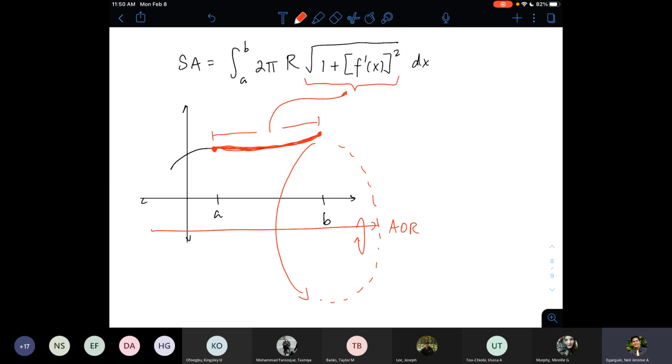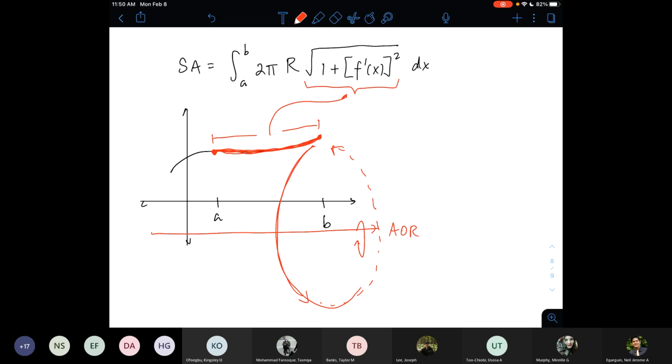This is what will happen when we do the revolution. So that length will travel some amount of distance in space. But how much is that distance? Well, the distance would be exactly the circumference of this circle that I have just drawn.